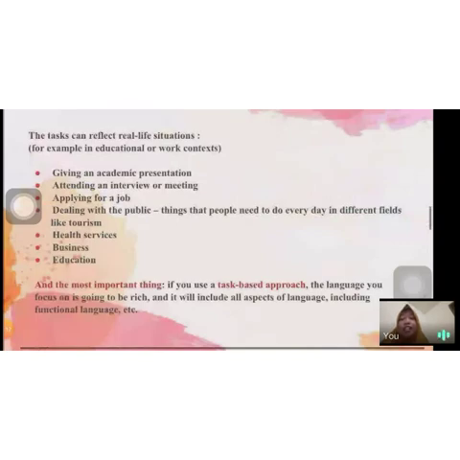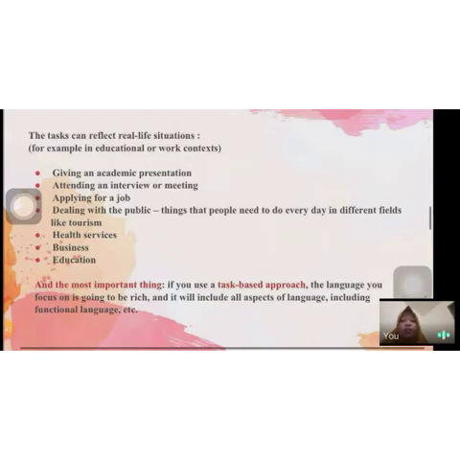The task can reflect real-life situations. For example, in educational or work context, the first is giving an academic presentation, attending an interview or meeting, applying for a job, dealing with the public, things that people need to do every day in different fields like tourism, health service, business, and the last is education.